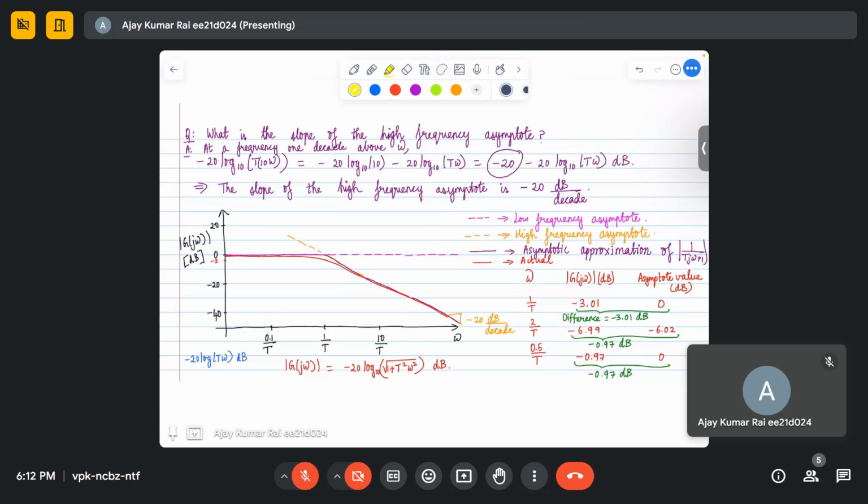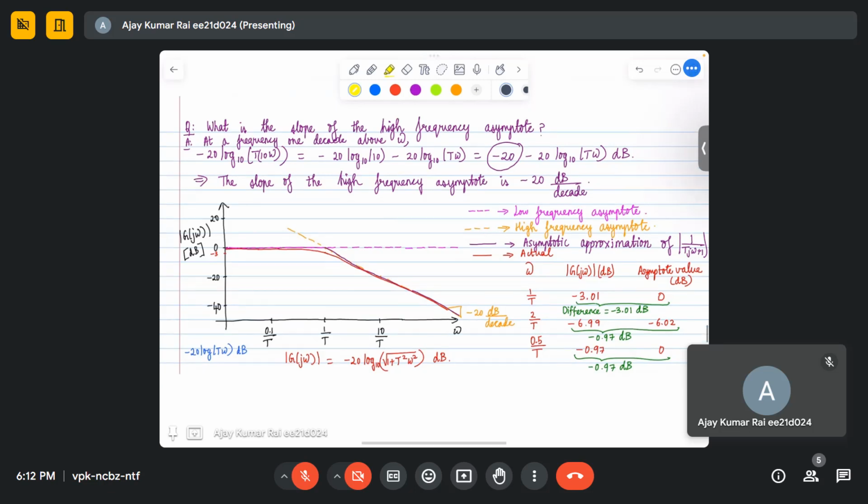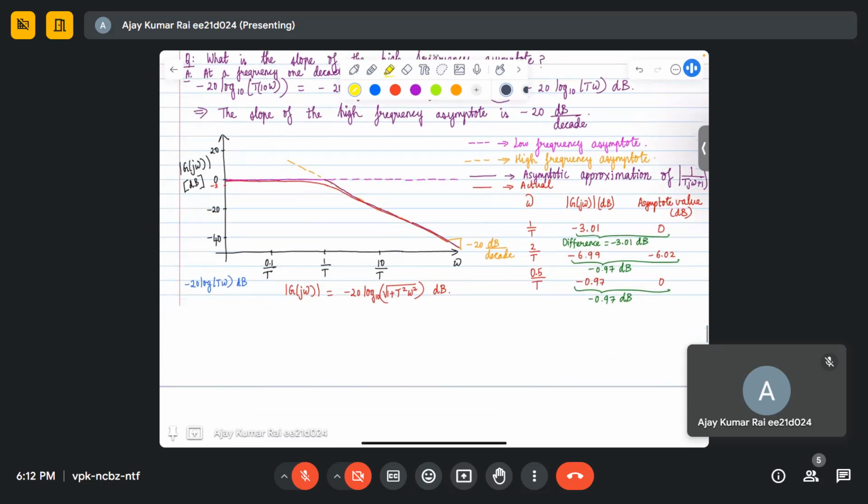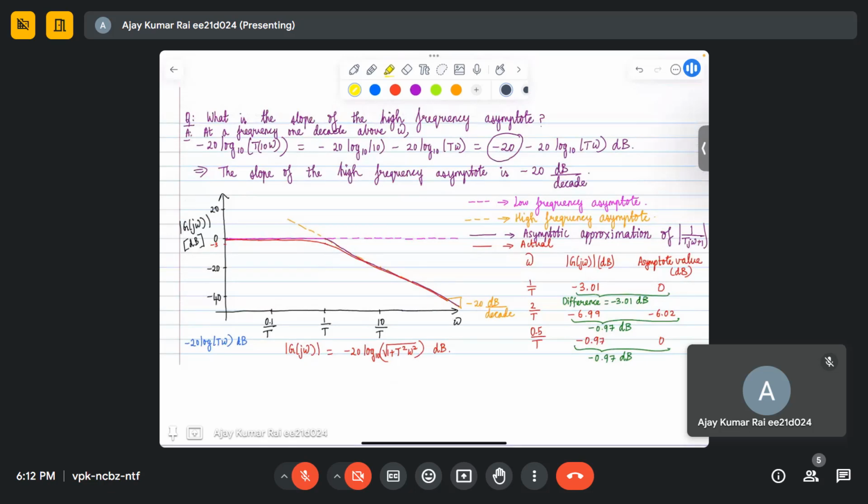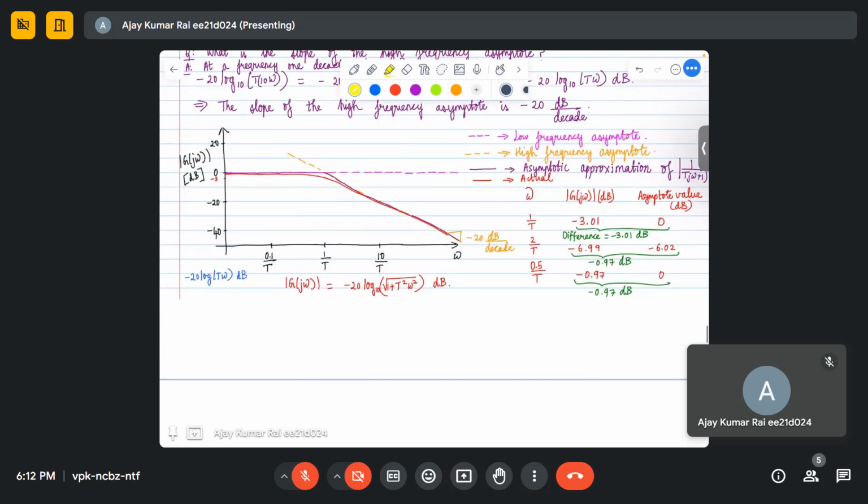Similarly, the procedure is the same to find the slope of the function. So we have seen that is the asymptote. So how the actual curve differs from the asymptote, that we have seen. So what is the error? You'll see the error is maximum at the corner frequency. 1 by T was the corner frequency, so we get the maximum error there.